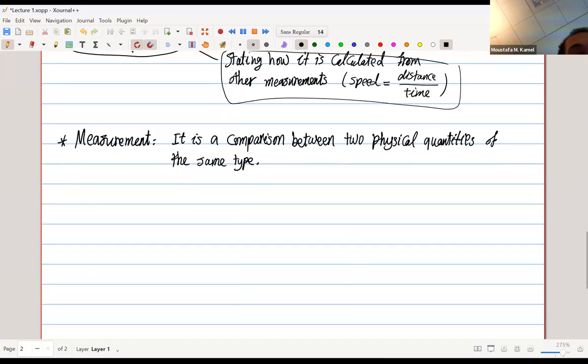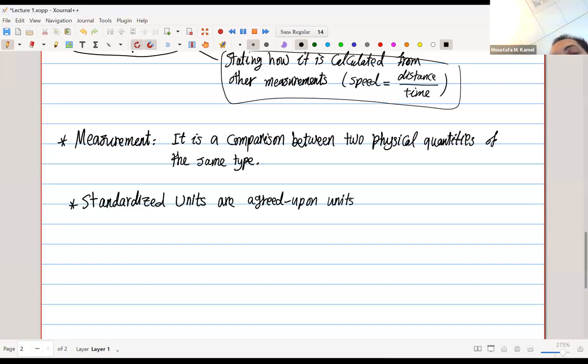Okay, so standardized units are agreed upon units used to meaningfully communicate information.